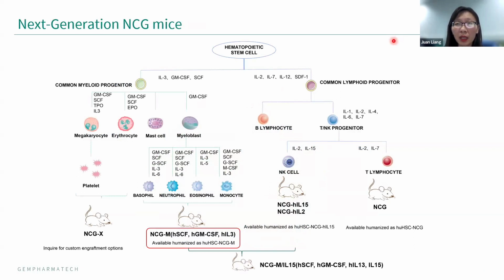Here is a figure that shows what kind of cytokines can support the different immune cell differentiation.